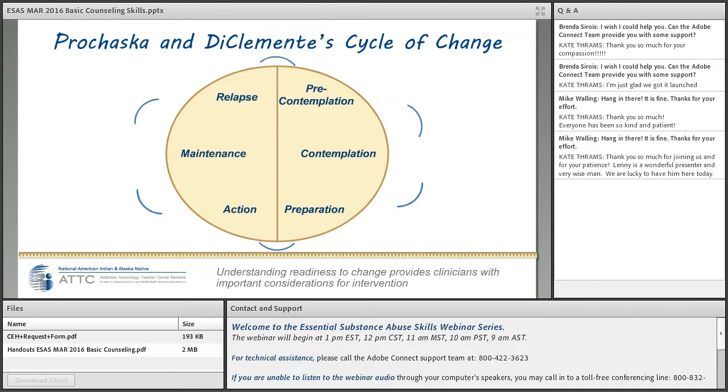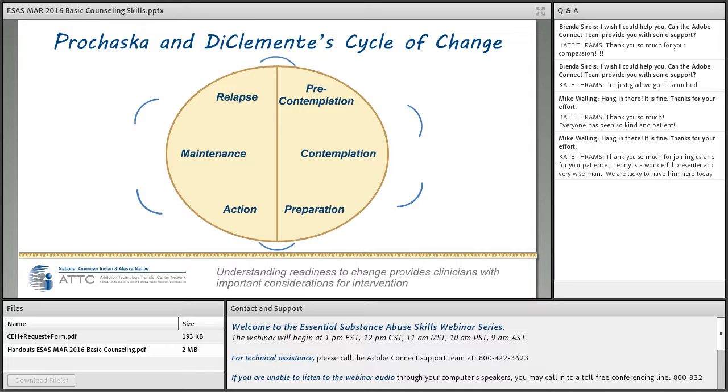When we talk about the cycle of change, I'm sure a lot of you have seen this model. It's really important to understand and know this model because often, we get stuck trying to figure out how to get the client to move to the next phase, when we really need to understand what is preventing that client from moving.